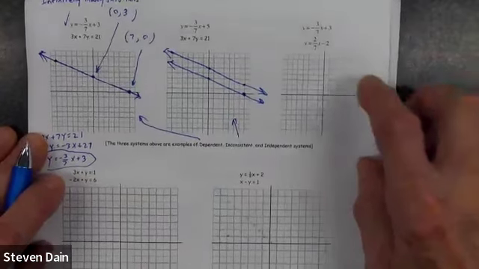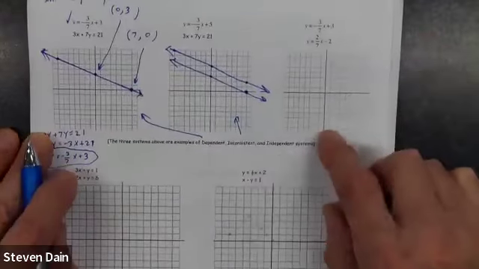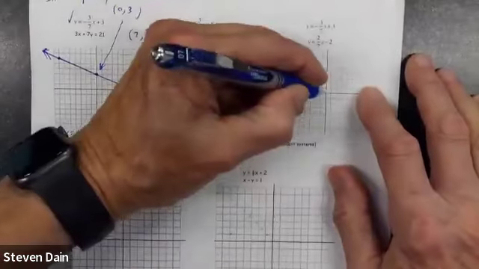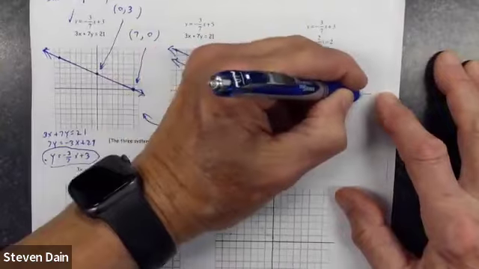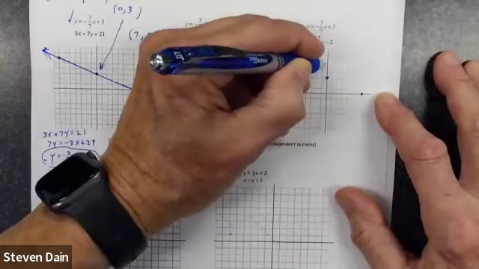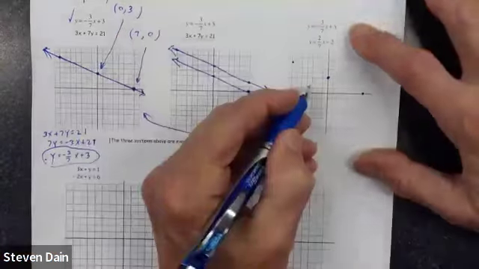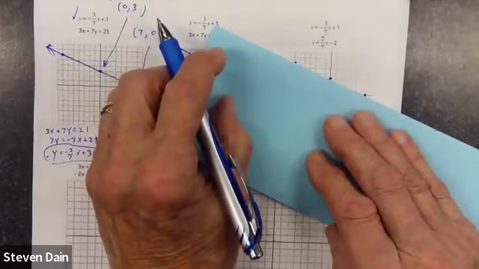And then the third one is the one we usually get to work with, what's known as an independent system. If I graph this last system, y-intercept is 3, slope is negative 3/7. So up 3, left 7. We got this again, right? Let me use the ruler. Let me not set a bad example.